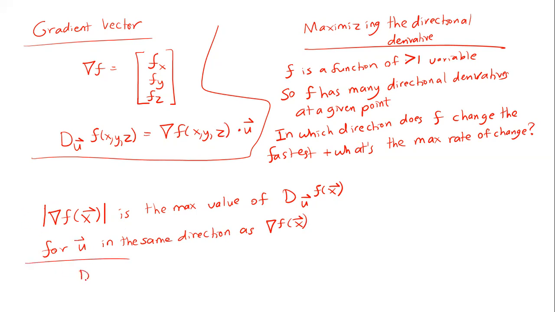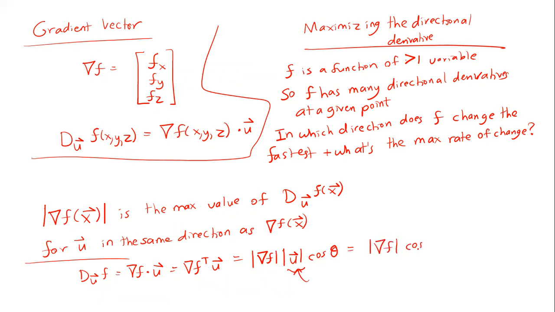Well, if you have D_u f equal to del f dot u, which could also be written as del f transpose u, then just by the definition of dot products, this is the norm of del f times the norm of u times cosine theta, which, because u is a unit vector here, is equal to the norm of del f times cosine theta, because the norm of the unit vector is 1.